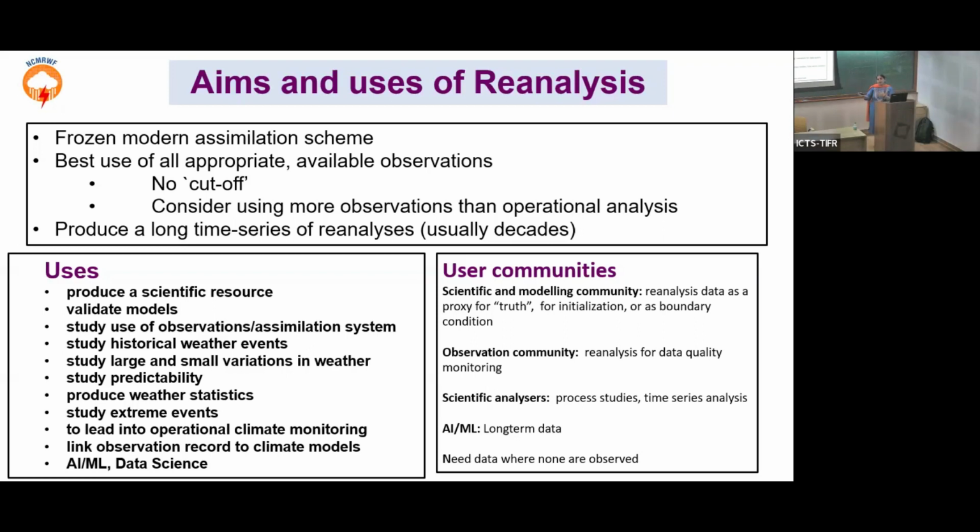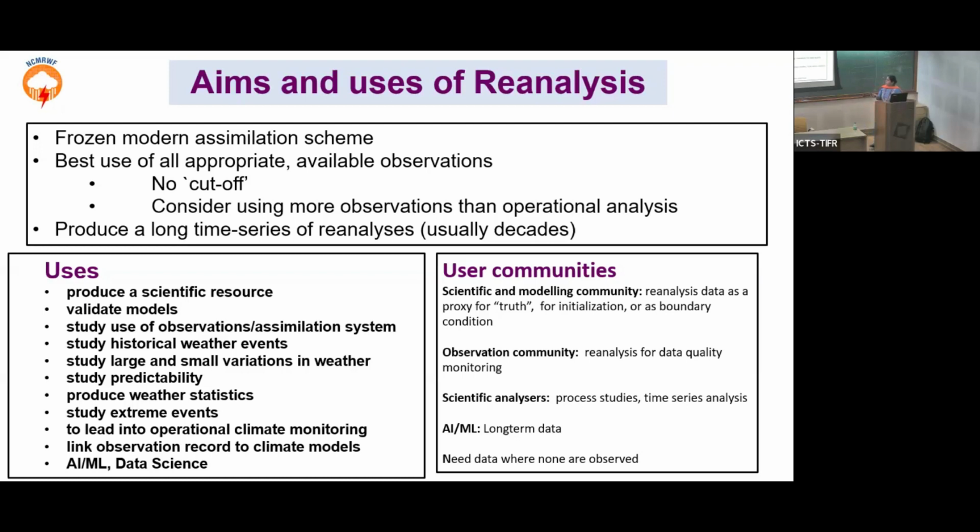You may be running your WRF or any other model, and you may be comparing the output with your truth, which will be either ERA5 or some other reanalysis. That is one of the applications, because it is a continuous data set, there is no cutoff, and we can use almost all the available data. So that can be considered as truth, and you can initialize your regional model and global model with the reanalysis also, as initial and boundary conditions.